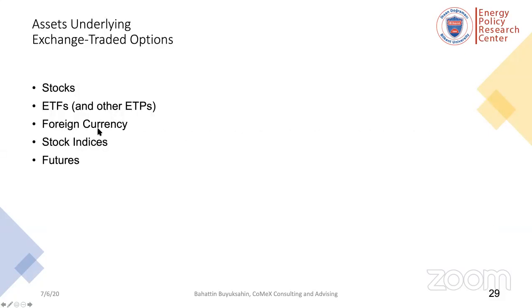options on foreign currency. Most currency options are trading now in the over-the-counter market rather than exchange-traded. As I said, the biggest options in the over-the-counter market after interest rate is the foreign exchange. For example, the Nasdaq exchange offers European-style contracts on a variety of different currencies.